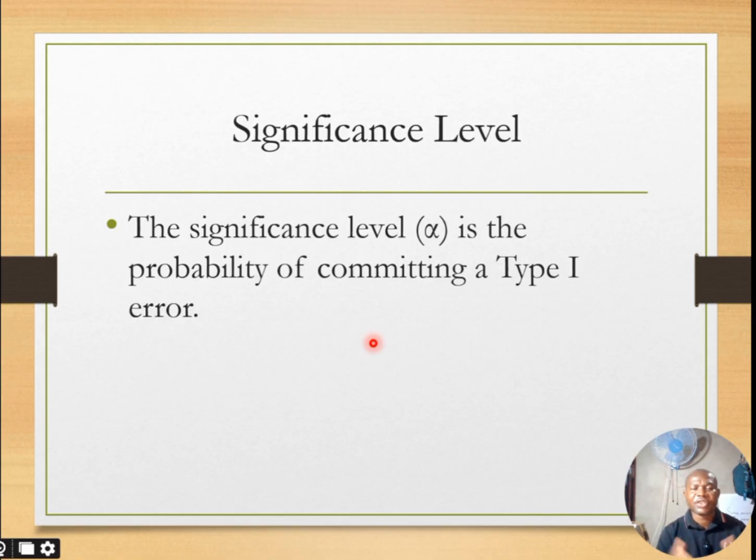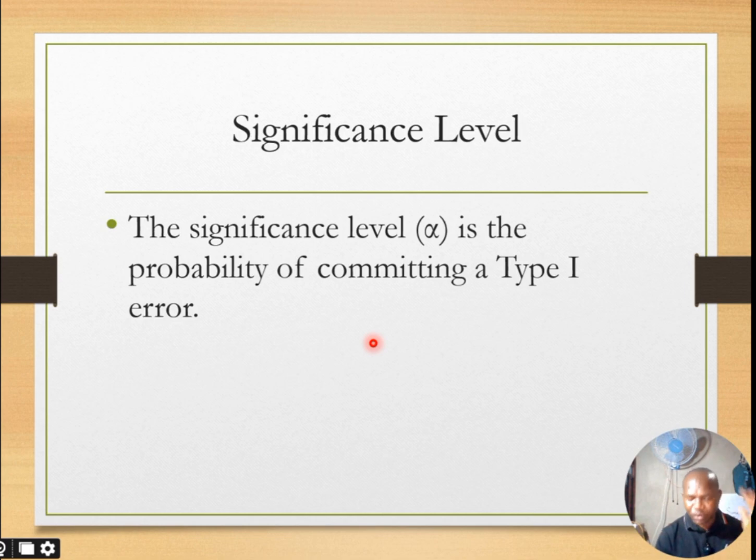And then the usual thing is to establish the significance level. That is the probability of committing our type 1 error. Usually when the probability is less than 0.05, we will say the result is statistically what? Significant. So, as a critical step in hypothesis testing, we must establish our significance level.